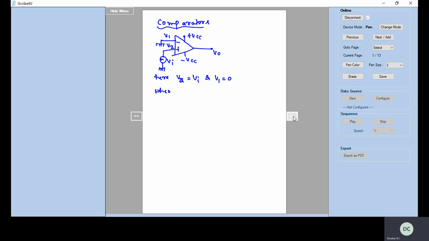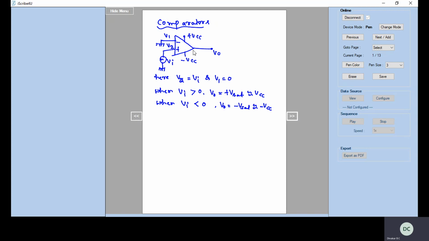So when the input voltage Vi is greater than 0, V0 will be at plus V saturation, approximately VCC, and when Vi is less than 0, V0 is equal to minus Vsat, approximately minus VCC or VEE.